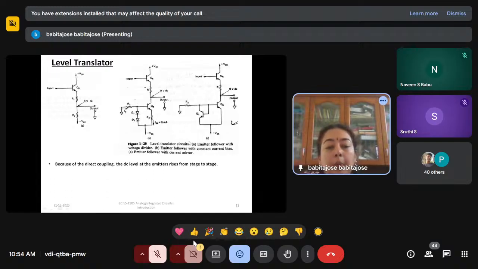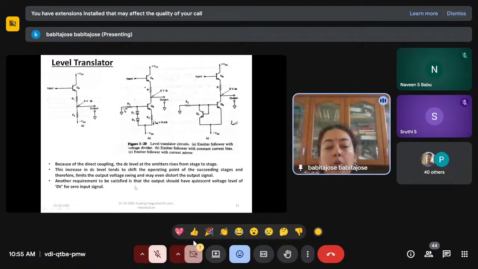The purpose of this level translator is that the DC level increases from stage to stage. This increase in DC level will shift the operating point and it will limit the output voltage swing. Also, the output should have a quiescent voltage level of 0 volts.